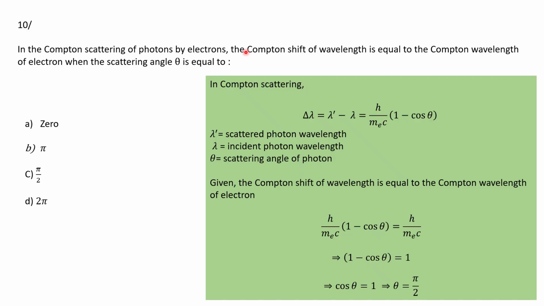What is given is that the Compton shift of the wavelength is equal to the Compton wavelength of the electron, that is (h/mₑc)(1 − cos θ) equals h/mₑc, which is the wavelength of the electron only. So when we solve this, we will get θ = π/2. That is option C, π/2, the correct option here.